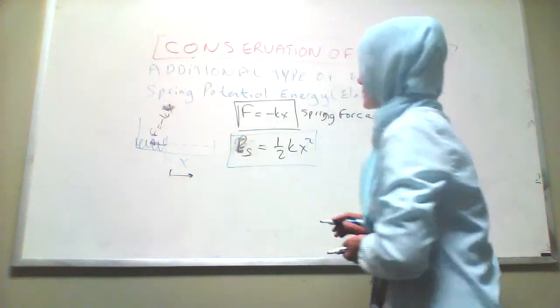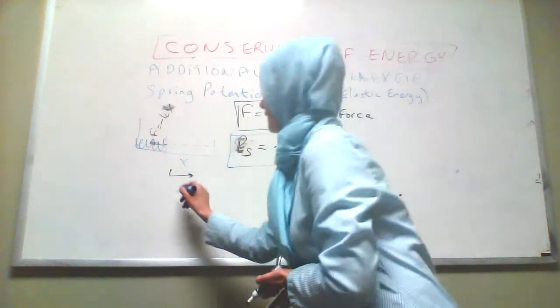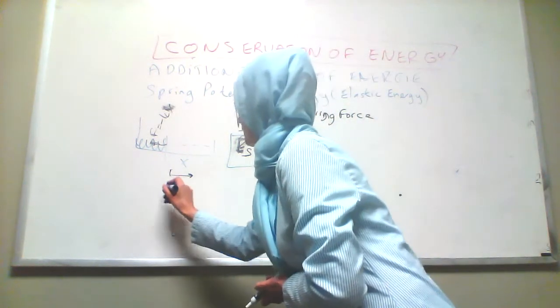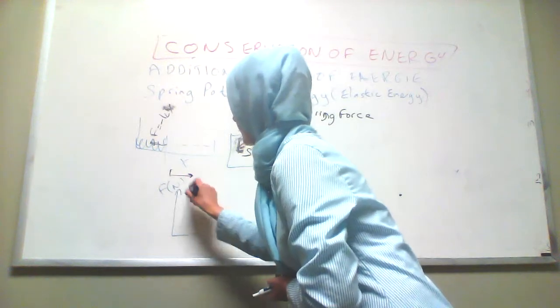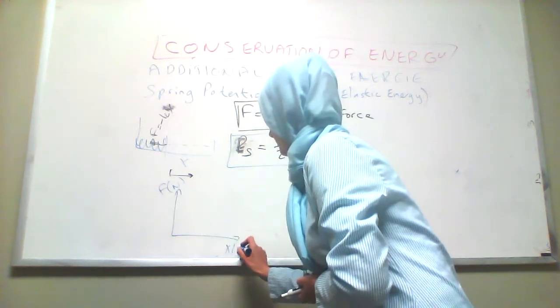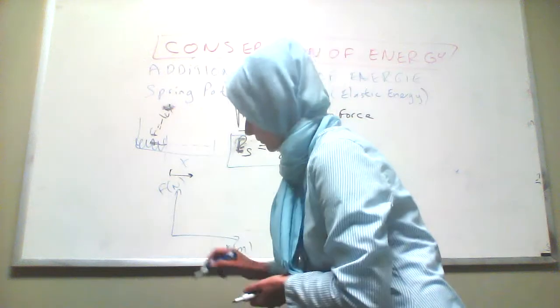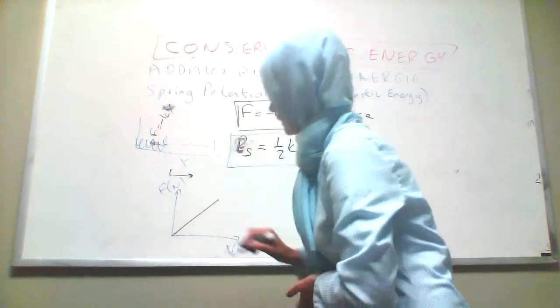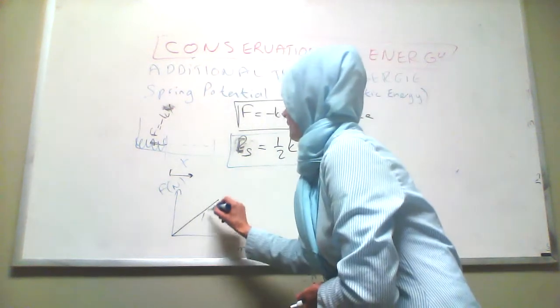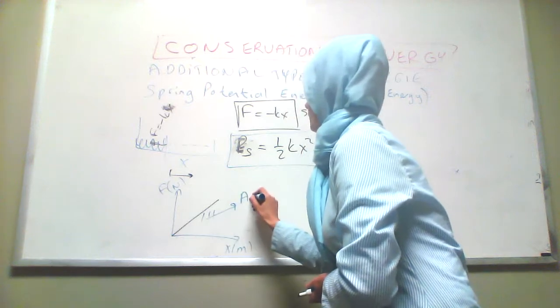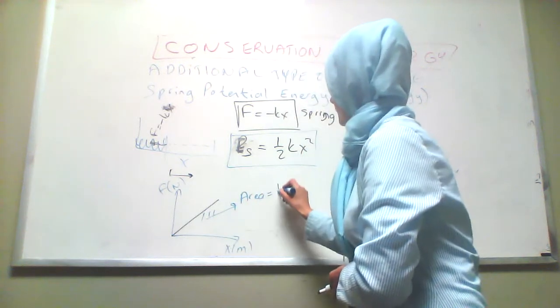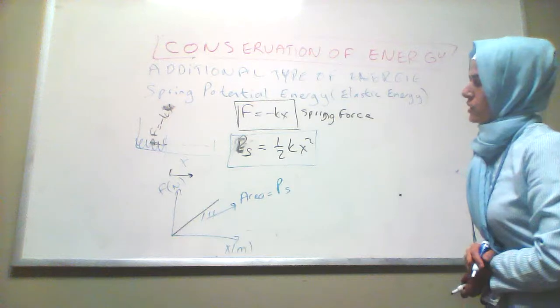As in the normal force case, if we have a force versus distance graph for a spring, for example, up to x meters, the area under the curve will still be spring potential energy. So area will be equal to spring potential energy.